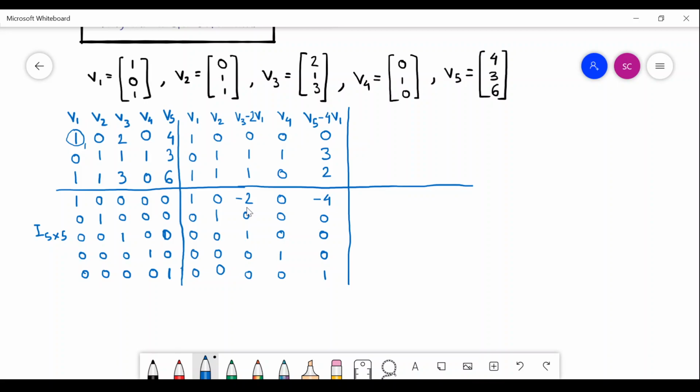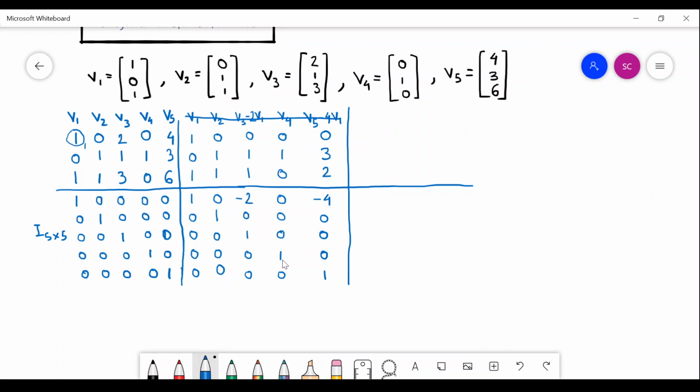What operation have we done? If someone asks you what operation you have done, suppose I have not written this, I have only given you this table sort of a thing. Suppose someone asks you what operation has he done here in this second step, then you will be able to see very clearly that here no operation has been done, here no operation has been done, here this was v3 but a minus 2 v1 has been done, so this operation is v3 minus 2 v1.